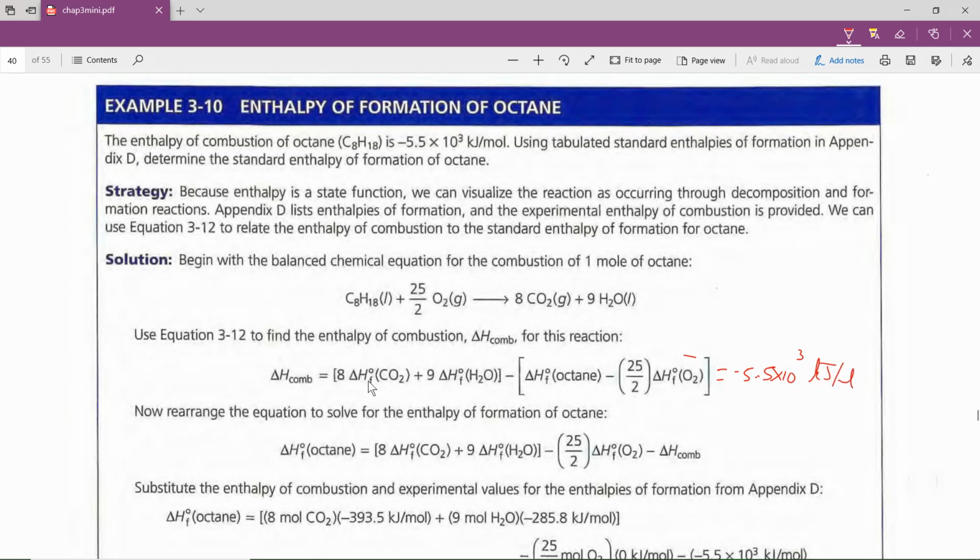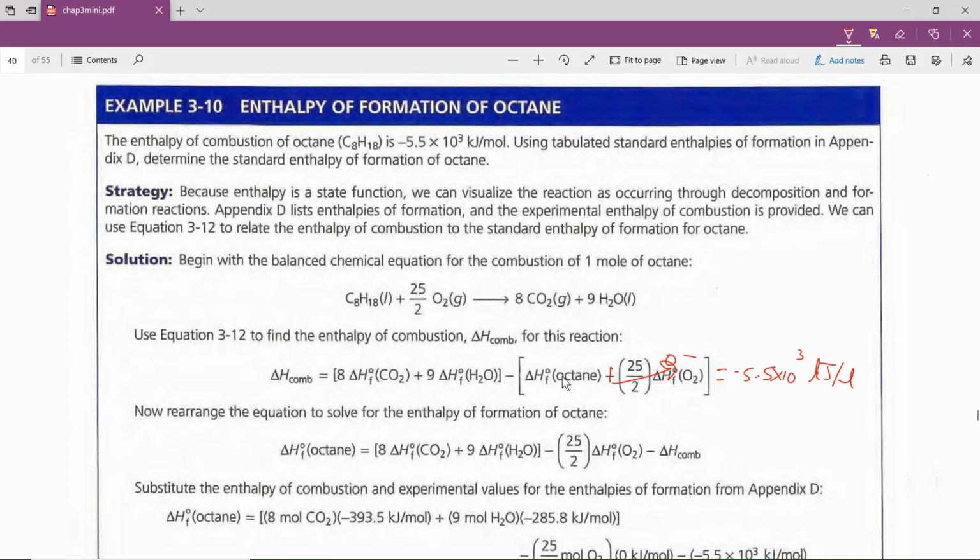So it's 8 times heat of formation of CO2 gas plus 9 times heat of formation of H2O liquid minus delta H naught of formation of octane. Well, that should say plus 25 over 2, right? It doesn't really matter that part because it's going to be 0 because the heat of formation of oxygen is 0.